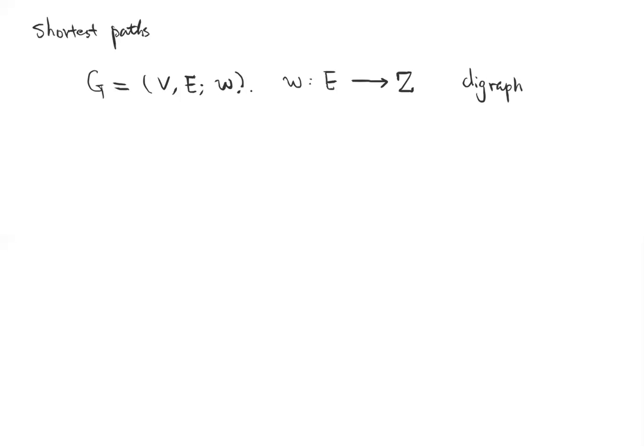It also works for undirected graphs, but for paths, typically we discuss it for digraphs. So we have this kind of situation, maybe 1, 2, 3, 2, 5.